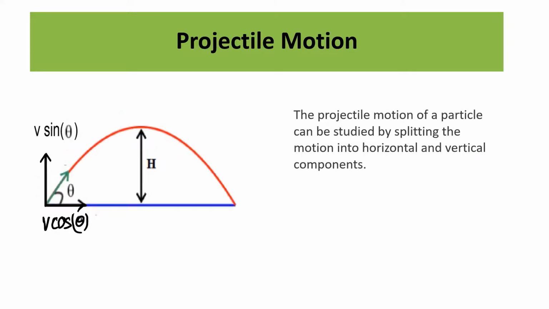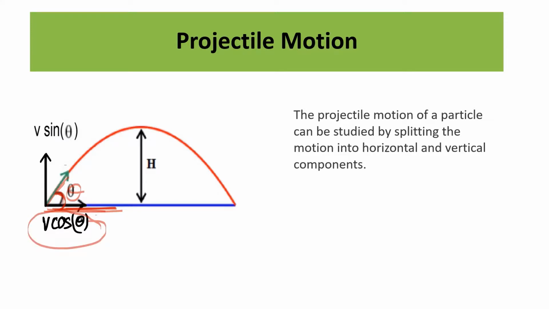If the body is projected with a velocity v, that v can be resolved into its horizontal component and vertical component. If the body is thrown with an angle theta with the horizontal, this horizontal component will be v cos theta.